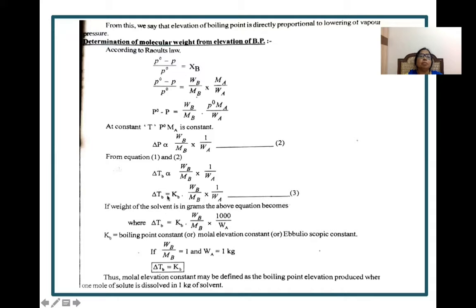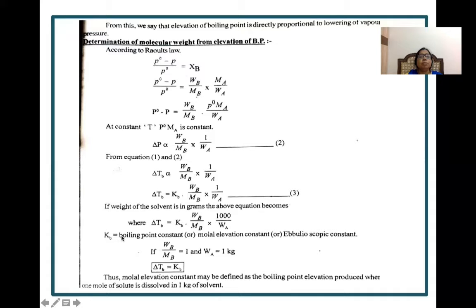So delta TB is equal to, taking out the proportionality, KB into WB by MB into 1 by WA. If the weight of the solvent is in grams, the equation becomes delta TB is equal to KB into WB by MB into 1000 by WA.